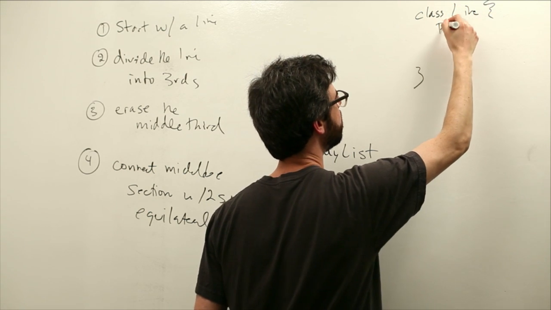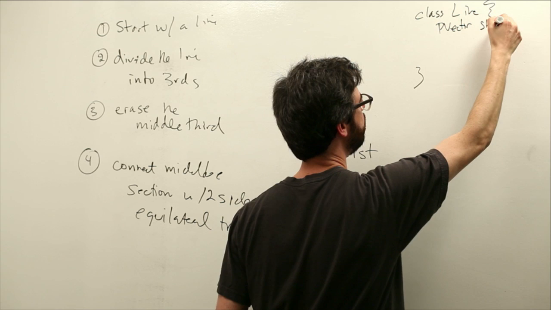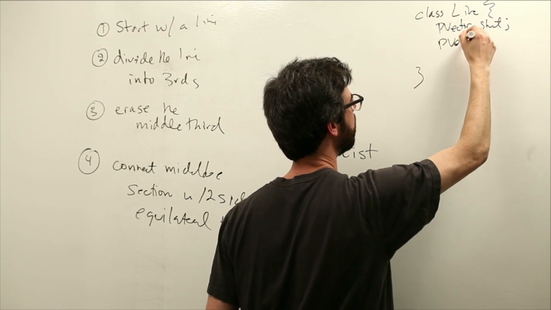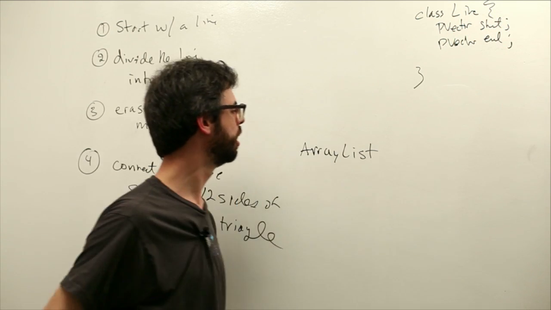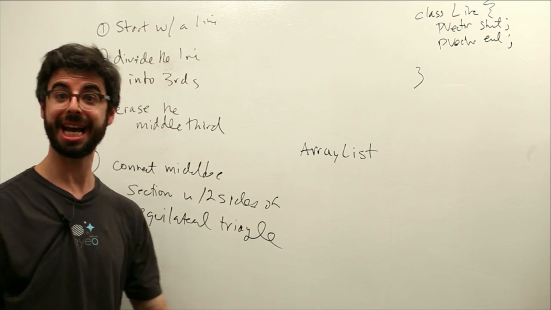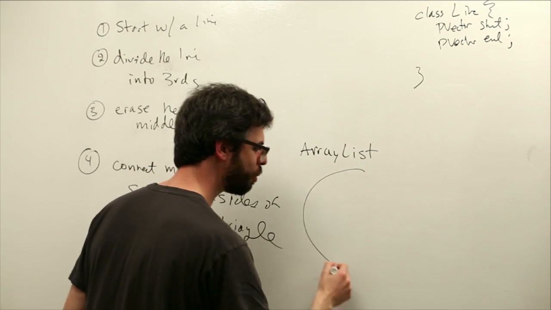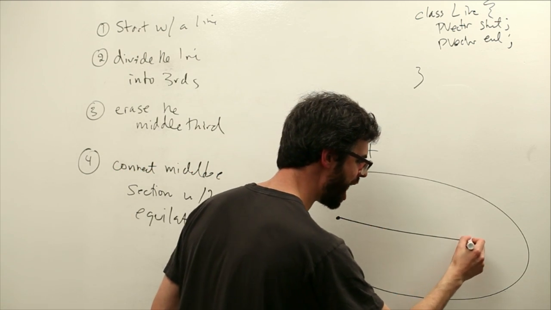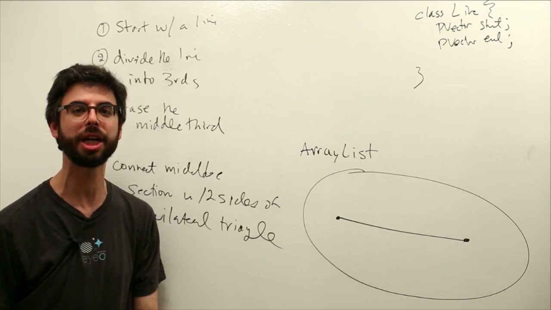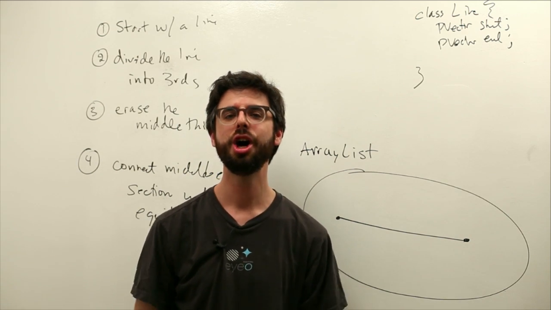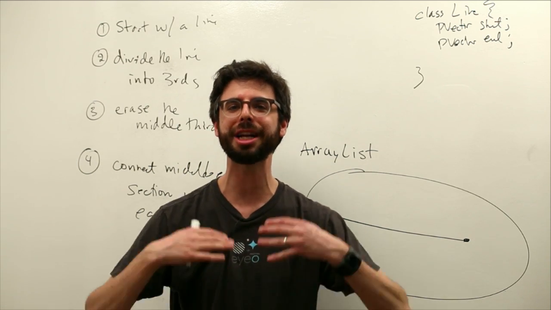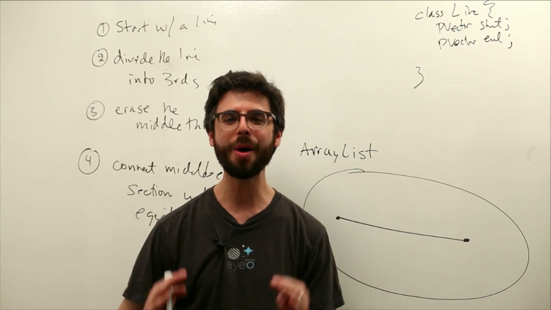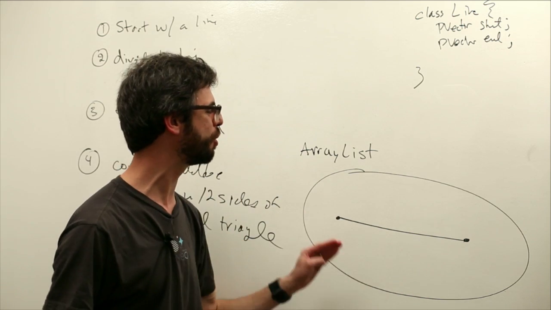A line object maybe just has 2 PVectors, a start and an end. So we have this line object, and it has a start and an end. We make a line object and we put it into the ArrayList. The recursion isn't a function that calls itself. It's going to be an ArrayList that iterates over itself.